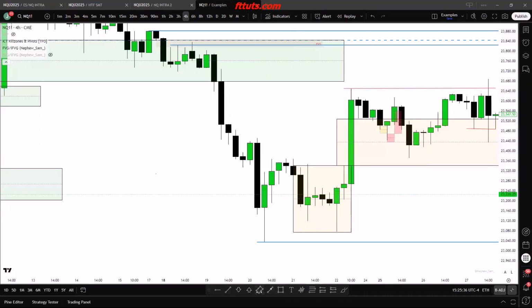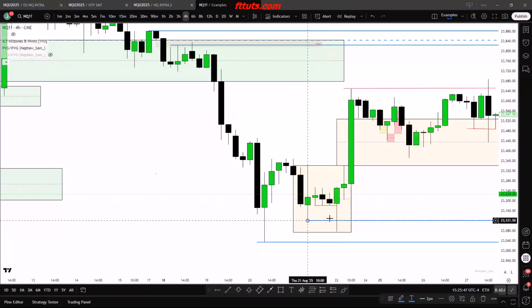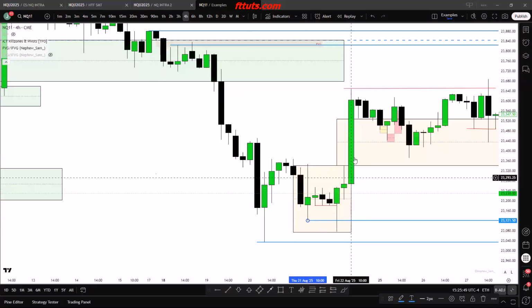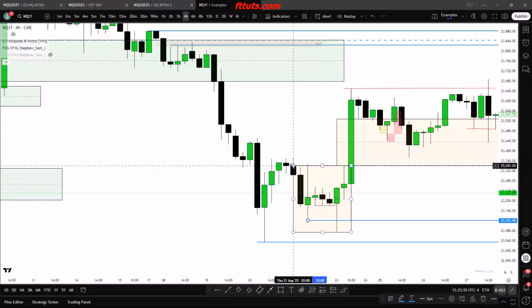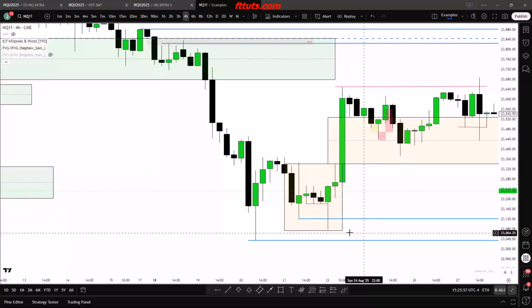We can see manipulation. This candle manipulated all these relative equal lows. That's why we had such a move higher. This is how we can generate information before other people have it, by looking at price action.